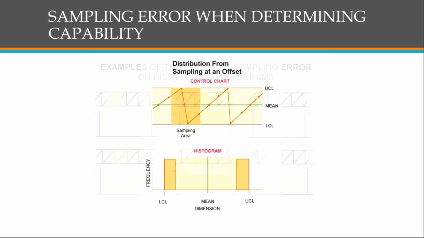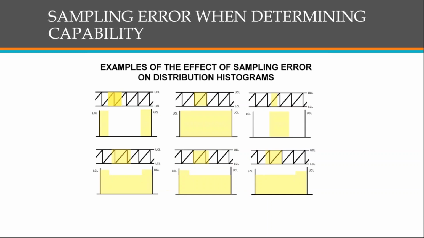In fact, here's a whole variety of examples of the effect of sampling error on distribution histograms. You can have skewed on both ends. All of this is based on the sampling error, because the only true precise sample would be one right after the adjustment and right before the next adjustment.